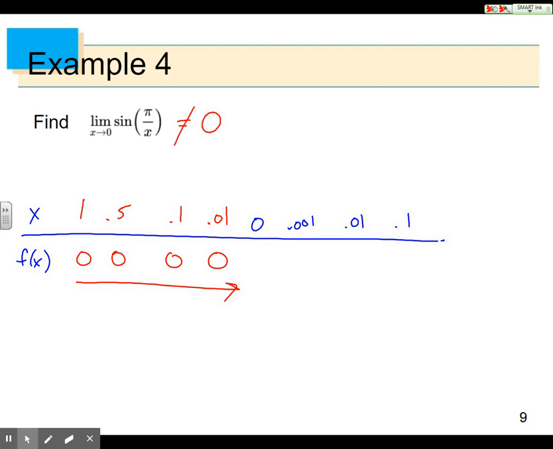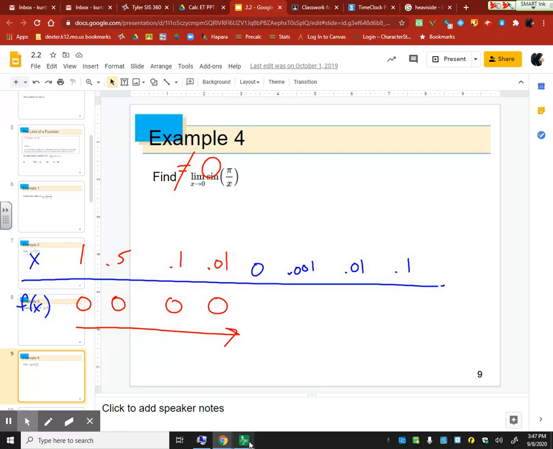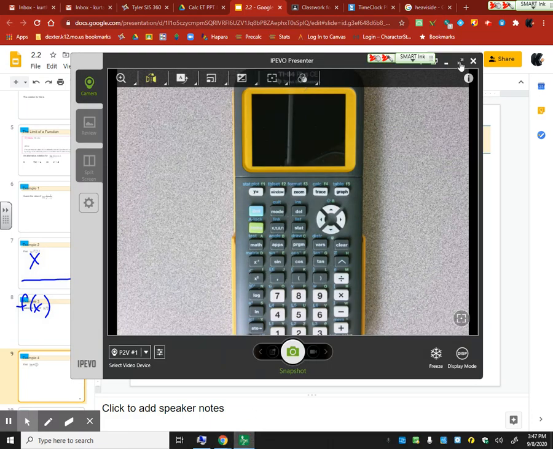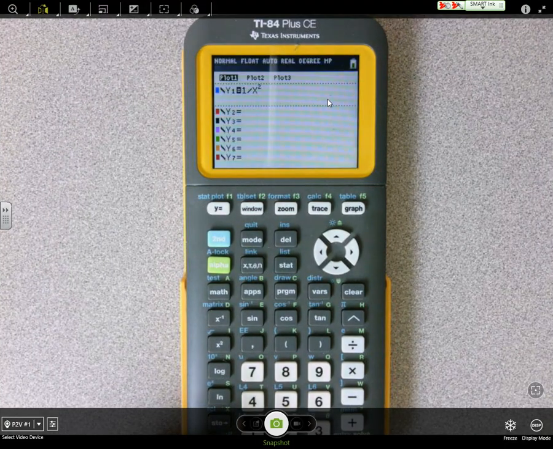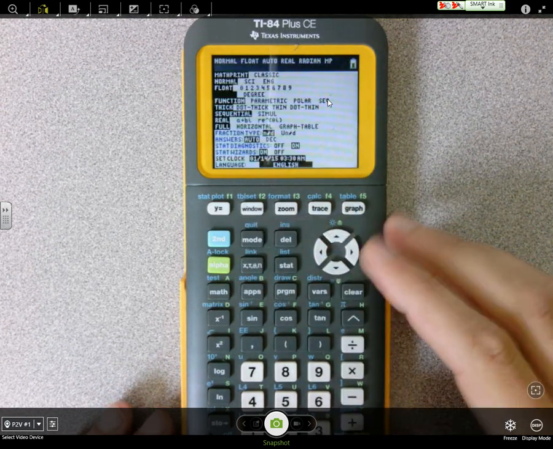In order to show you this, I'm going to need to pull up my graphing calculator. I looked through this and I thought that I had only one graphing calculator problem. So you're going to have to bear with me for just a second while I make sure I am in radians, which I was not.